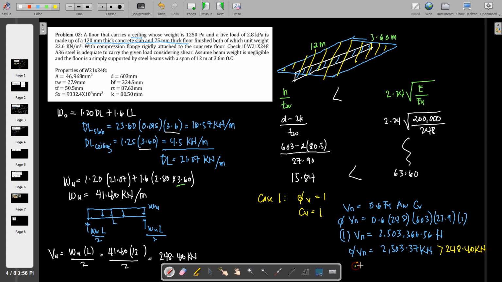Therefore, the beam is adequate for shear. So safe in shear. Okay.